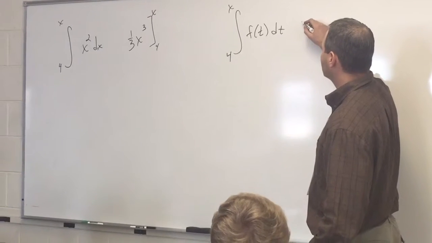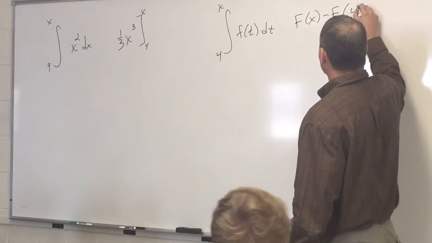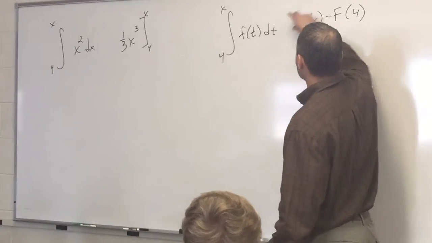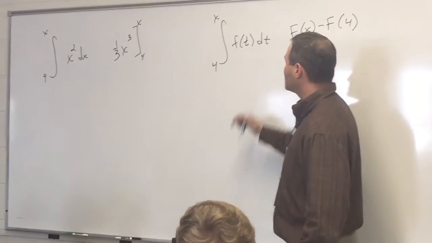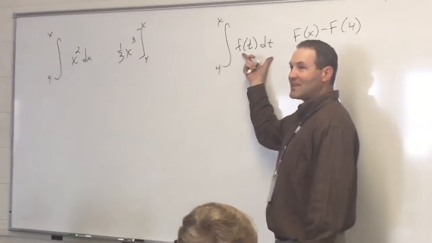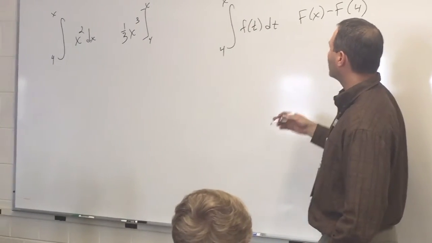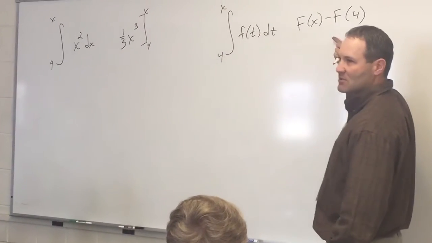Then it would be capital F of x minus capital F of 4. Whatever you have here is what your antiderivative will be written with respect to. So they have t's and x's because they're different, and you don't want to overuse x. Find the antiderivative, then plug in your x and it becomes in terms of x.